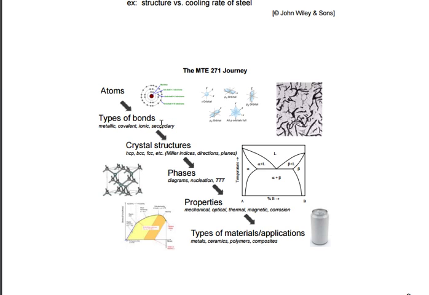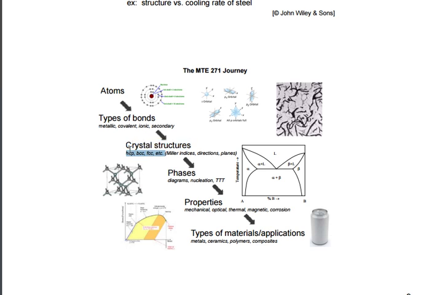You must have grasped all these in the 12th class. Then you have the crystal structure. After forming these different kinds of bonds, what are the different crystal structures they form? You have hexagonal close packing, body centered cubic, face centered cubic, etc.